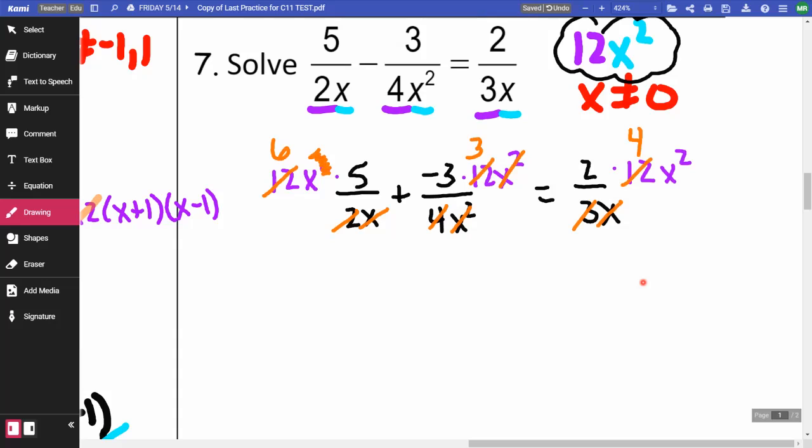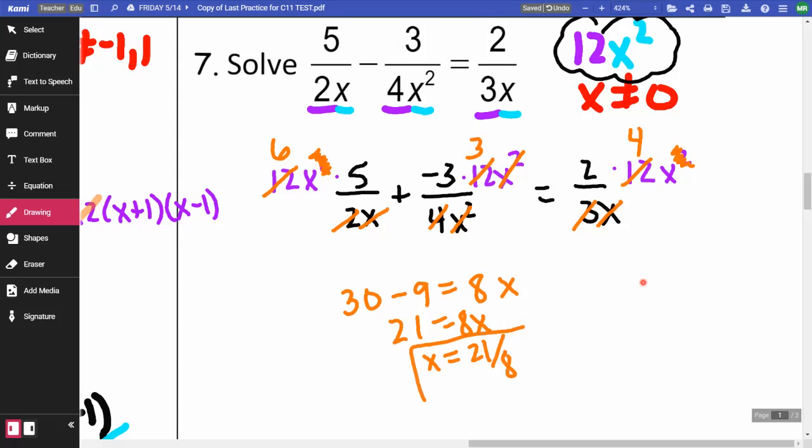And this x is going to cancel with one of those. So I'm going to be left with 30 minus 9 is equal to 8x. And so I get 21 is equal to 8x. So x is equal to 21 over 8. And that is not any of our restrictions. So that's your answer.